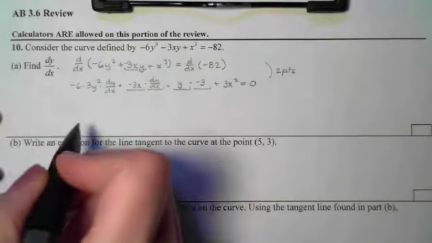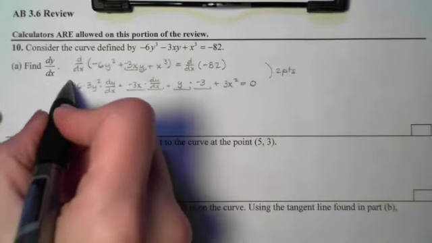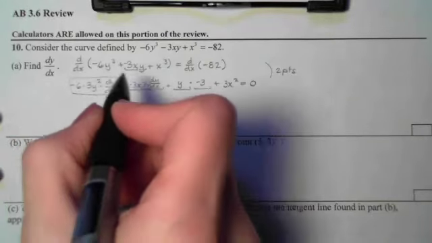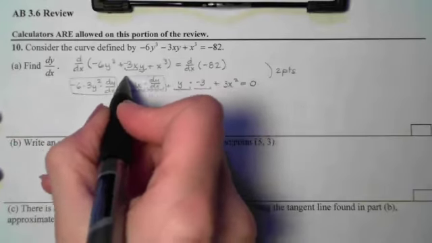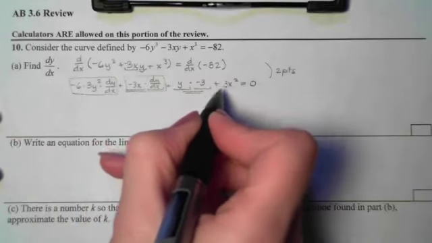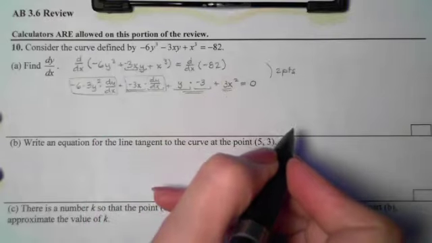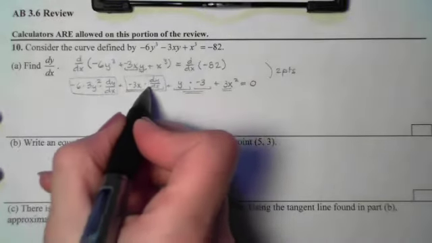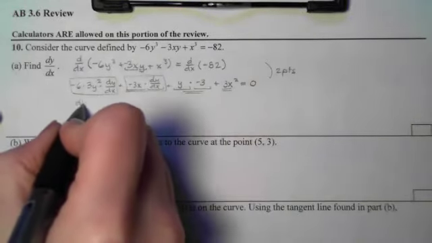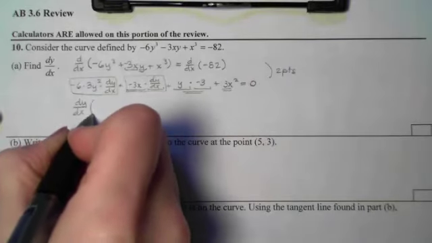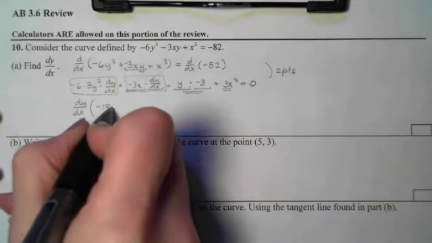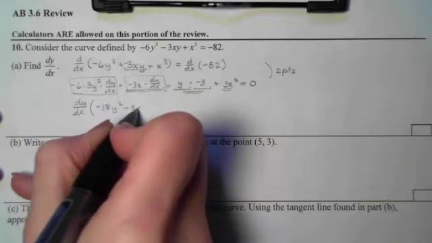Once we're here, we need to isolate the dy/dx. So we identify the terms that have dy/dx in them. And there are 2 of them, whereas there are 2 other terms that don't have dy/dx in them. So I'm going to leave the dy/dx terms on the left and factor out the dy/dx. So inside I'll have negative 18y squared minus 3x.